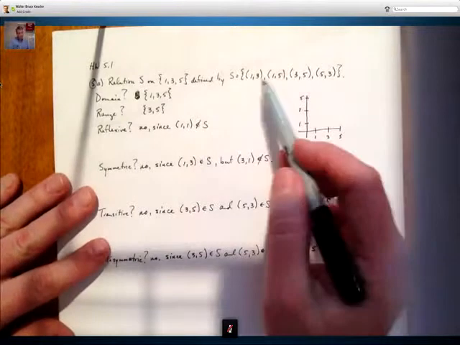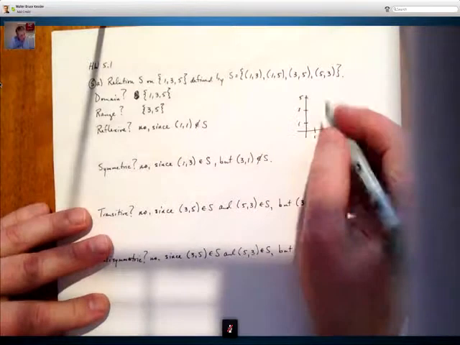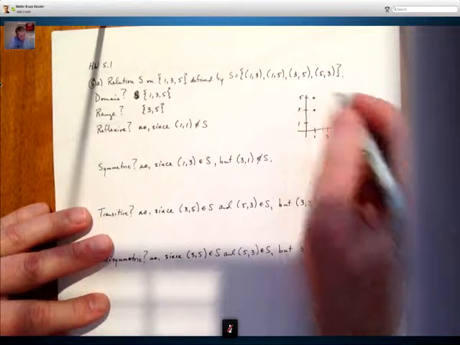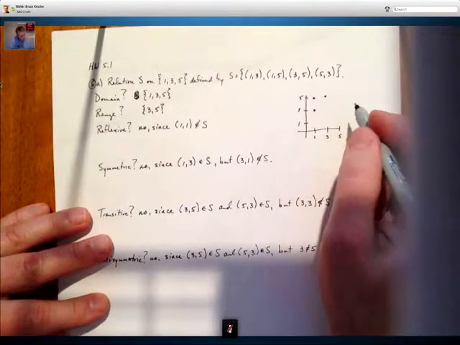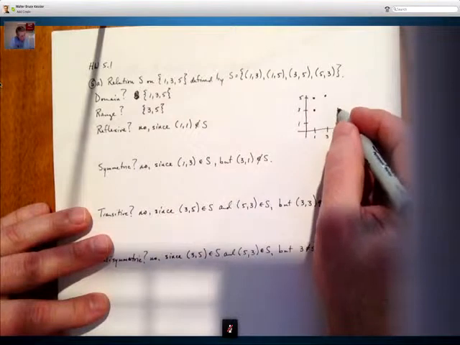It could be like A, B, C, that don't go on a number line. But so when we look at this relation, we've got 1, 3, 1, 5, 3, 5, and 5, 3.